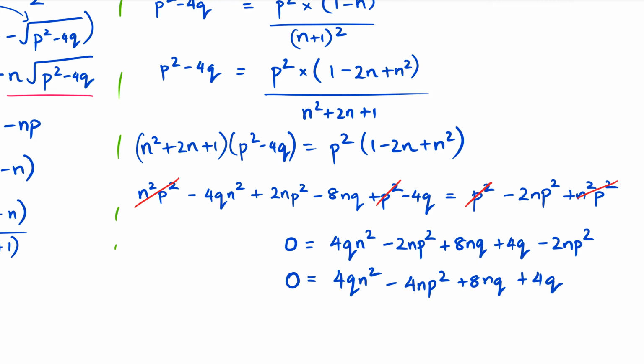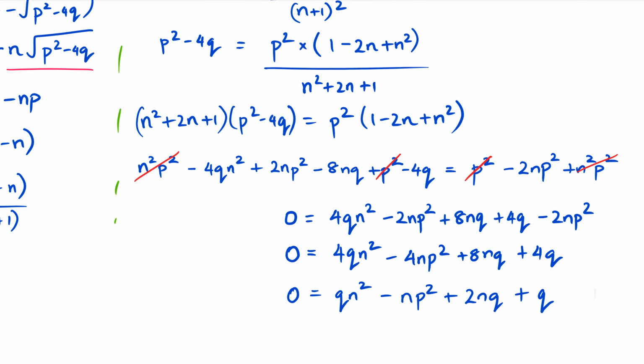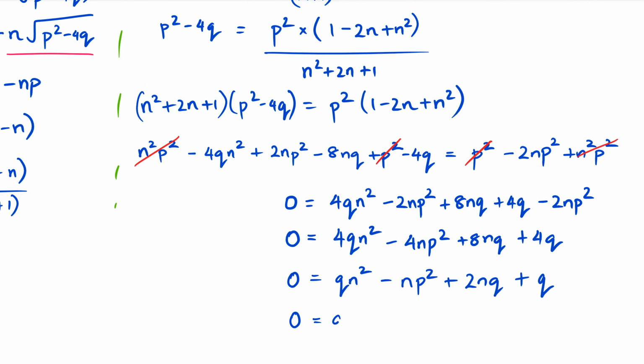Now I can see that 4 is a common factor for all of them, so I can divide everything by 4, and I'm going to get qn squared minus np squared plus 2nq plus q. And then 0 is equal to qn squared. N is a common factor, so I can take it out. So it'll become plus n, and in brackets I'm going to get minus p squared plus 2q, plus q.